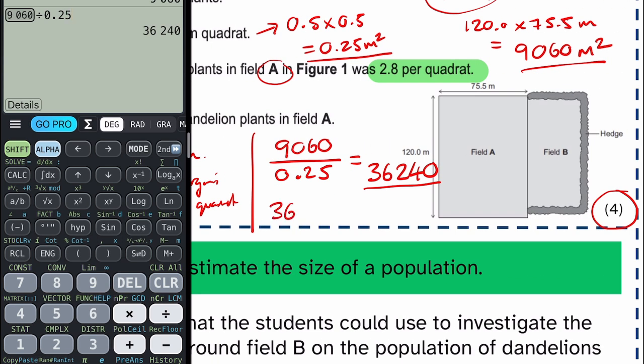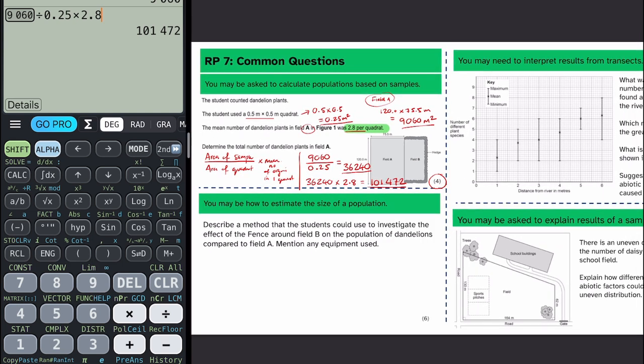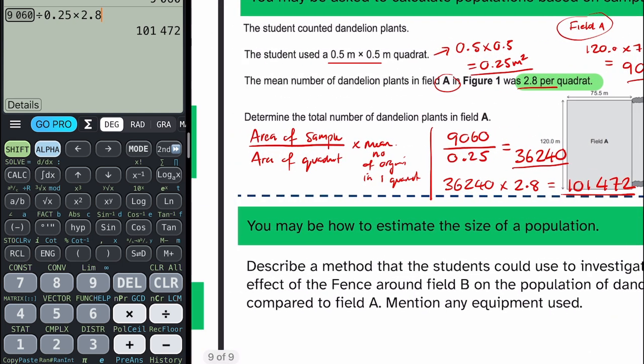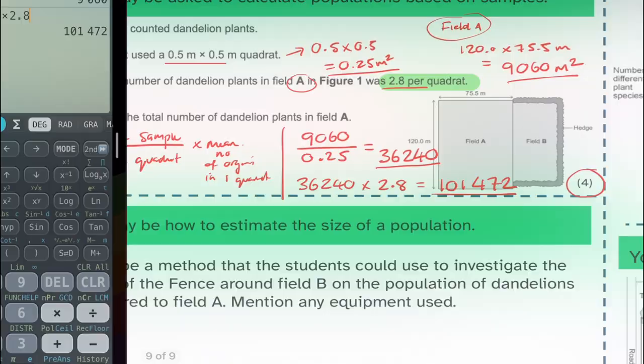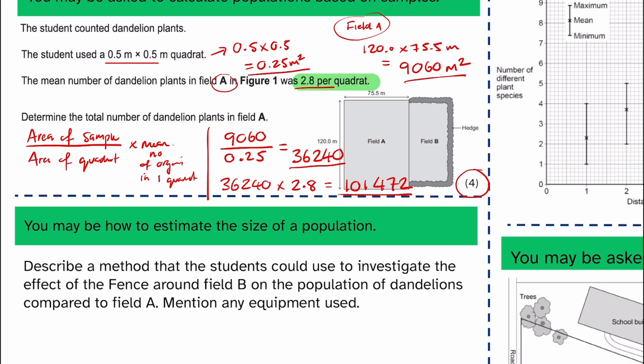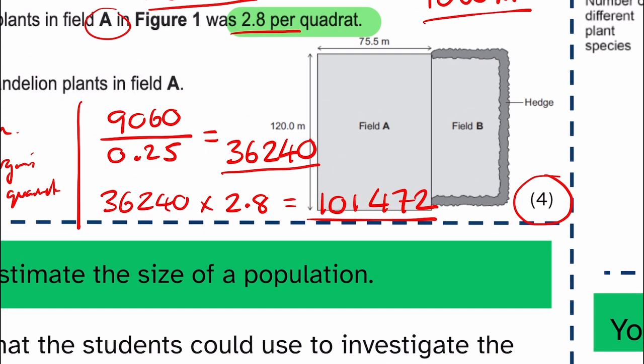So it's 36240 times by the 2.8, because there was 2.8 in every quadrat, which is going to give us 101,472. So the estimated value is 101,472 dandelions in that field.